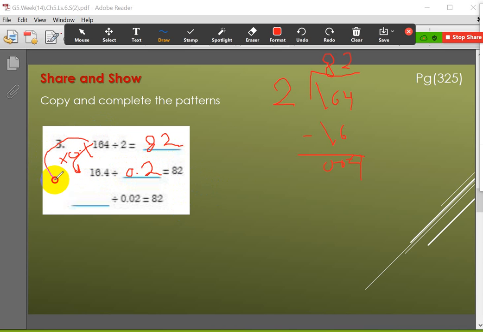And here I will use another pattern to make 0.02, two hundredths. So I will multiply with 0.01 because I have 2 digits in the divisor after the point. Also I have to move here the decimal point 2 digits, so it will be 1.64, and also the same answer.